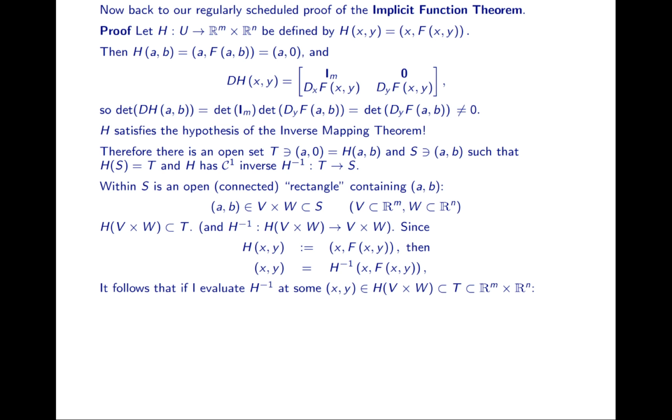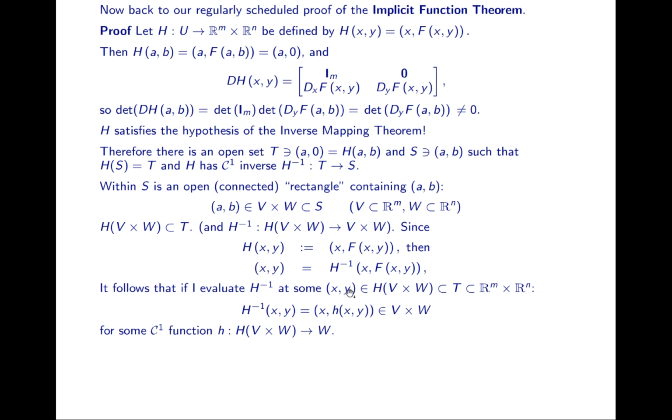Now, what happens if I evaluate H inverse at some (x, y)? I know what happens if I evaluate H at some (x, y), but what if I evaluate H inverse at some (x, y) contained in the image of V by W under H? Well, notice that H inverse of (x, y) has first component x.